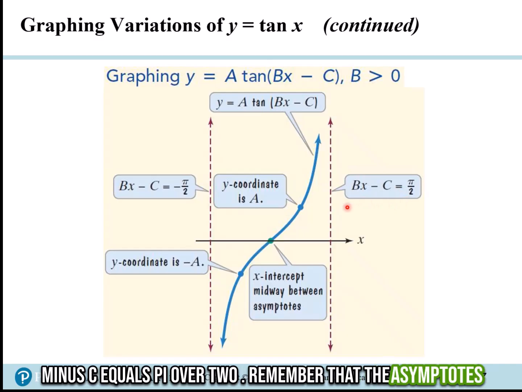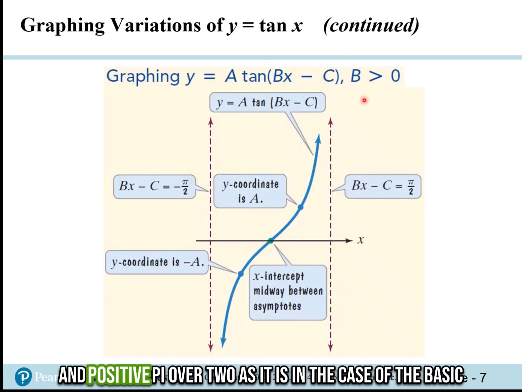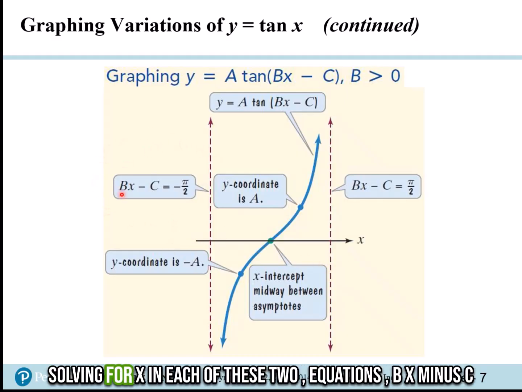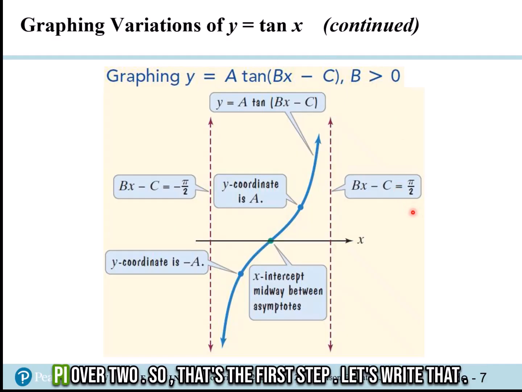Remember that the asymptotes in the variations are not necessarily negative pi over 2 and positive pi over 2 as it is in the case of the basic tangent function. The asymptotes will be determined by solving for x in each of these two equations: bx minus c equals negative pi over 2 and bx minus c equals positive pi over 2. So that's the first step.